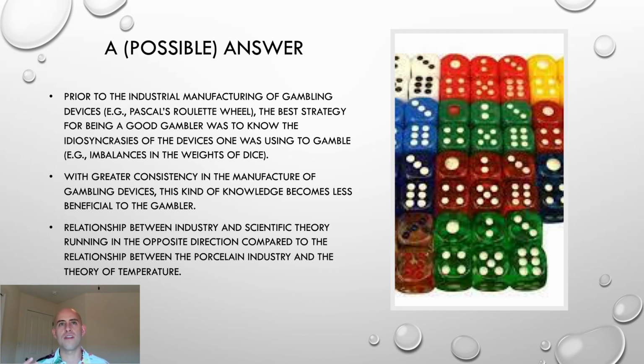And even if you are good at picking up on these clues and finding idiosyncrasies in gambling devices, if those idiosyncrasies just aren't there in manufactured gambling devices, then that knowledge isn't going to do you any good as a gambler. And so it's only then, perhaps, that people start to turn to an understanding of probability and what probability can do for us as a way of becoming better gamblers, right? So it's just a possibility, right?